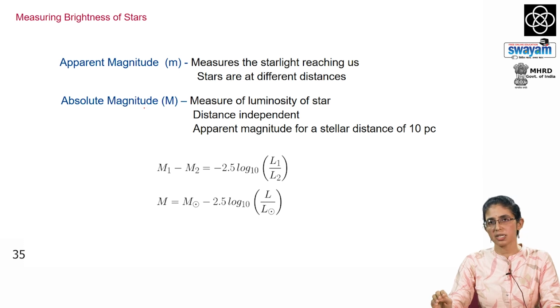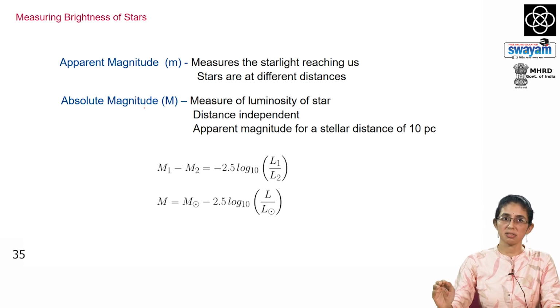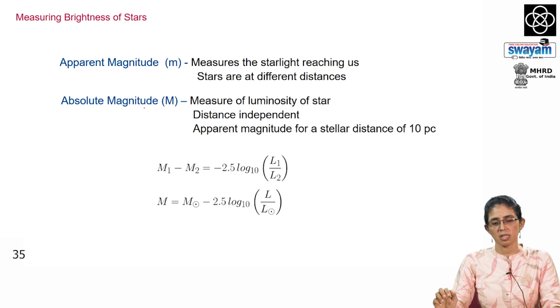This defines the magnitude of a star when it is located at a constant distance of 10 parsecs from us. So, the absolute magnitude is the apparent magnitude of the star if its distance is 10 parsec from us. This is therefore distance independent and gives a measure of the luminosity of the star.